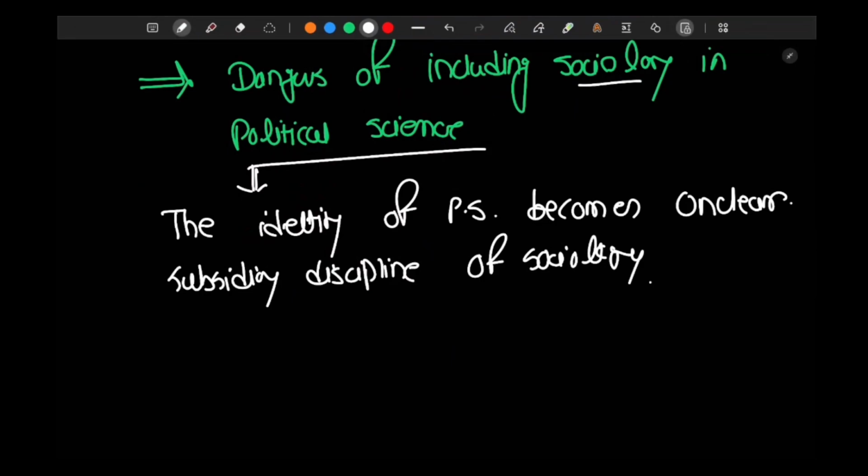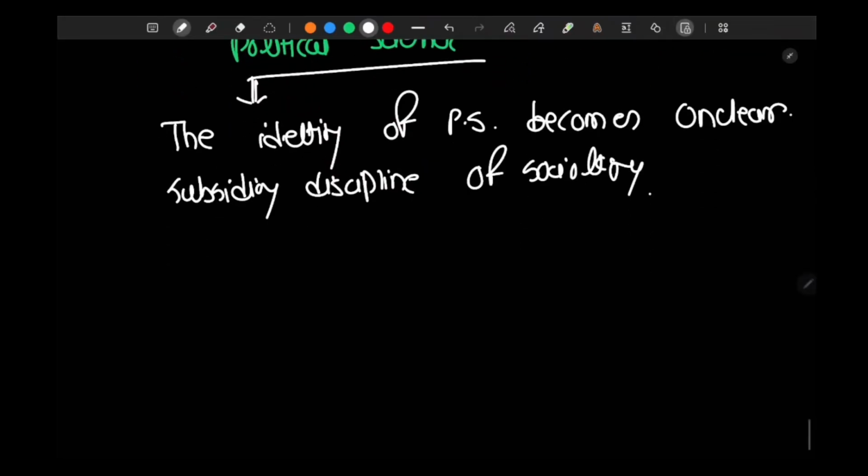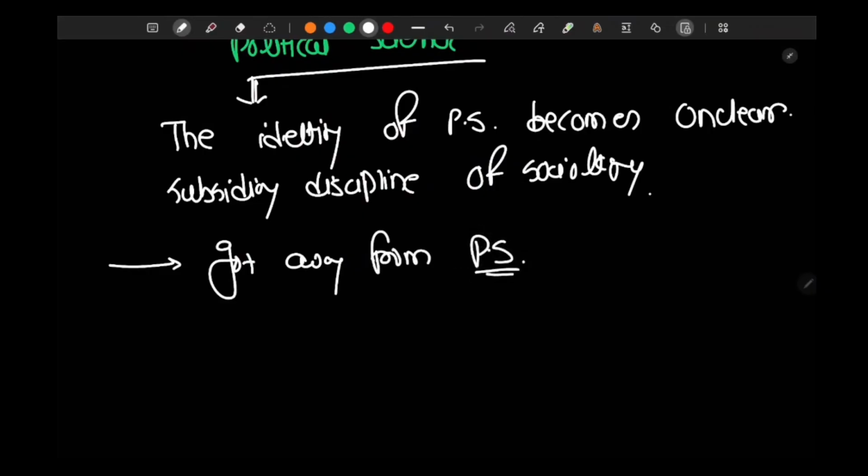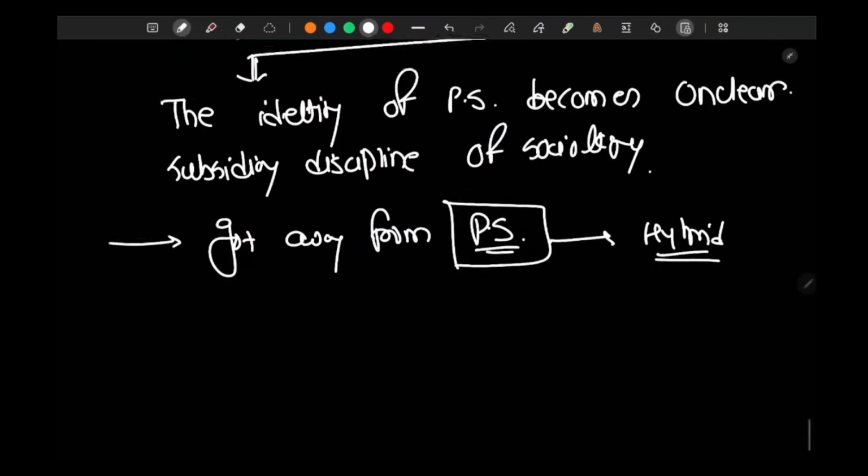So what political scientists did was get away from the political sociology approach. Political sociology has become a hybrid discipline. Today it has become a hybrid discipline whereby both sociology and politics become important.